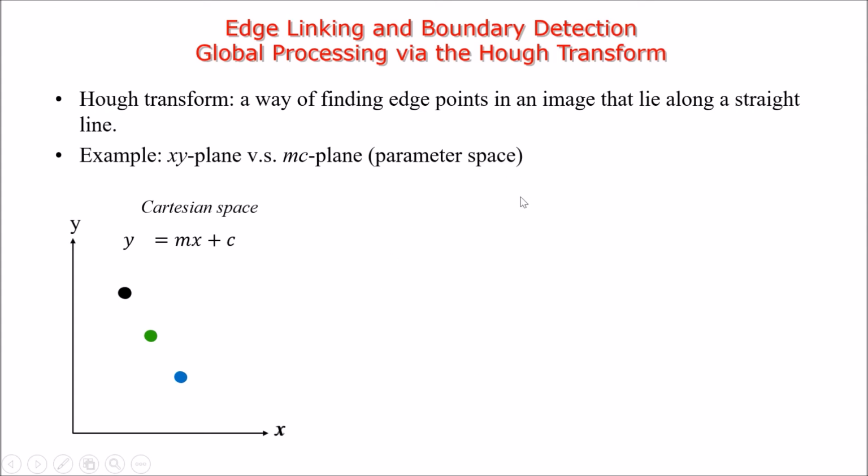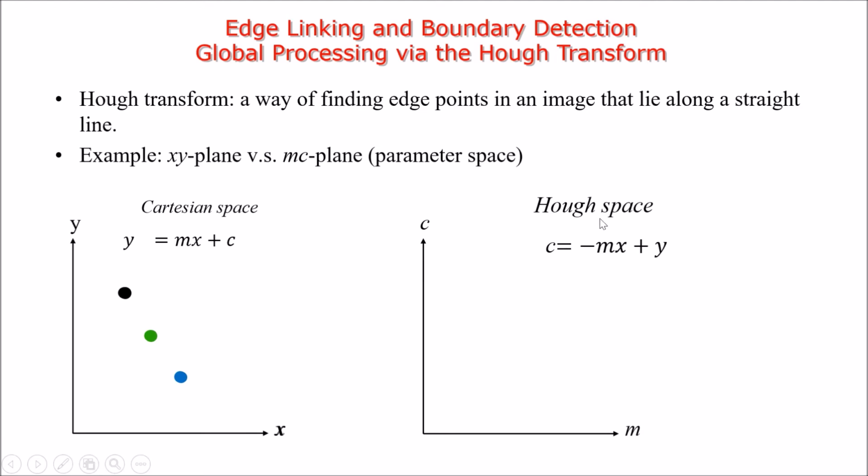For the Hough transform, we map all the inputs in the Cartesian space into the Hough space. Hough space, simply put, is this: in the Cartesian space, m and c are constants and y and x are the variables.